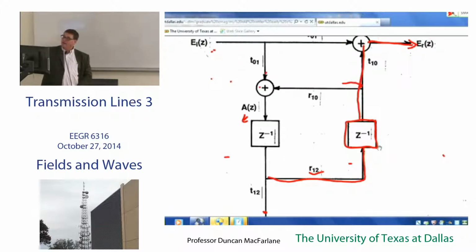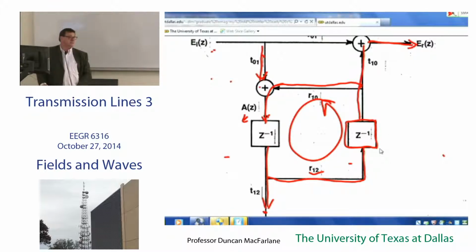Or it can be reflected by the front mirror, join that signal, see another delay, and go on its way down that way. So there's my infinite loop inside of there.